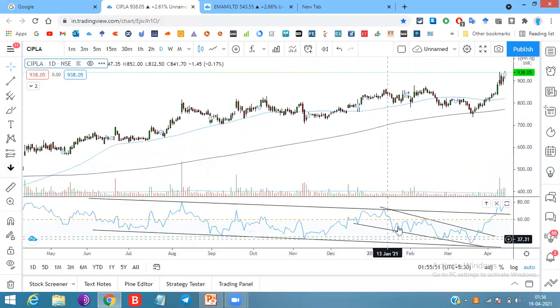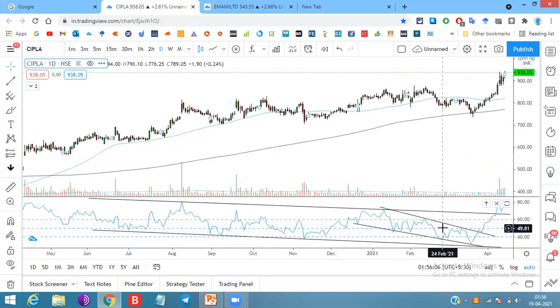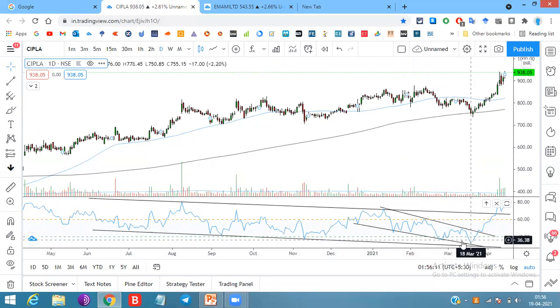So this is how we can see some of the flaws of Andrew Cardwell's use of RSI. If there was no such structure, there was no meaning to RSI actually. So you could have concluded from this point that there is a range shift. But see how we can plot a descending channel.